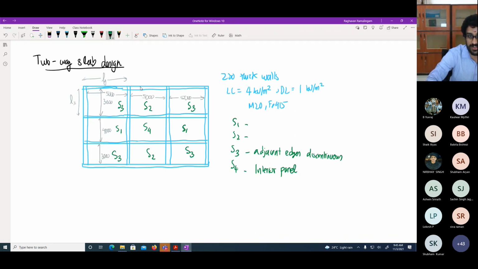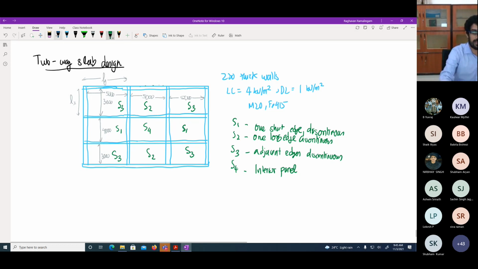Basically, this is a long edge, so this is discontinuous. And of course, you'll be able to predict for S1. So S1 would be what? One short edge discontinuous. Okay, good. So we have arranged all of this into different types of panels.